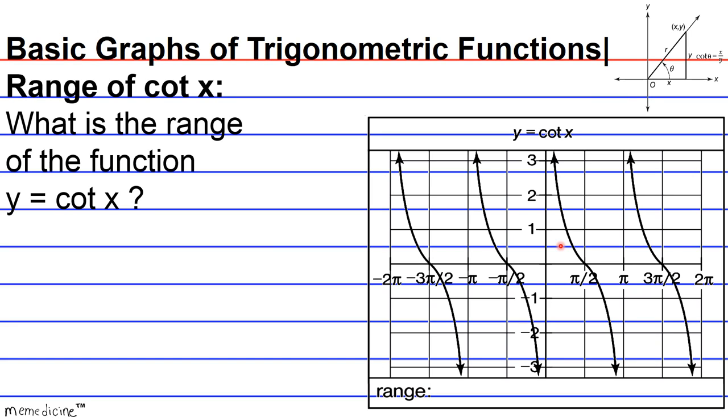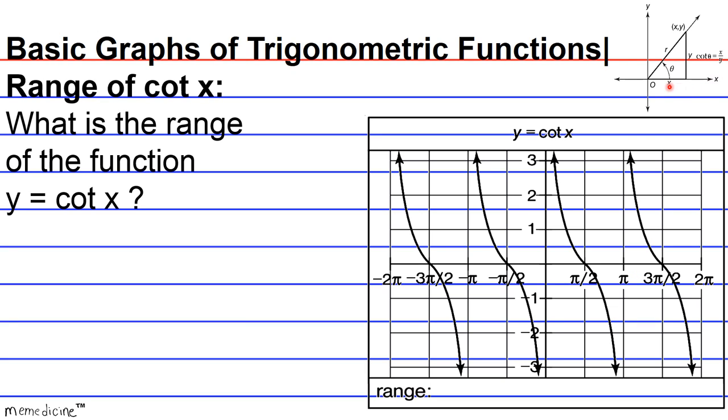And if you watch the Cram session on what the domain of the cotangent of x is, you would have found out that the domain is all real numbers except whole number multiples of pi, because pi yields a 0 in the denominator for the y value.